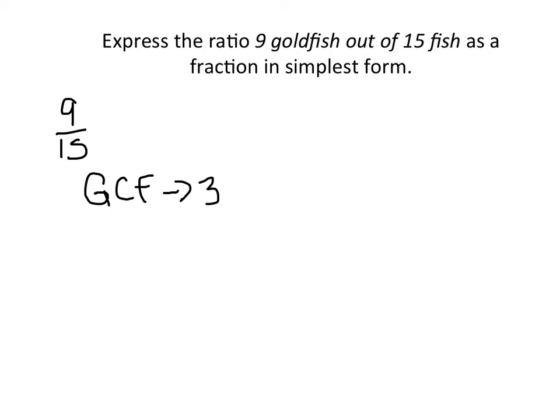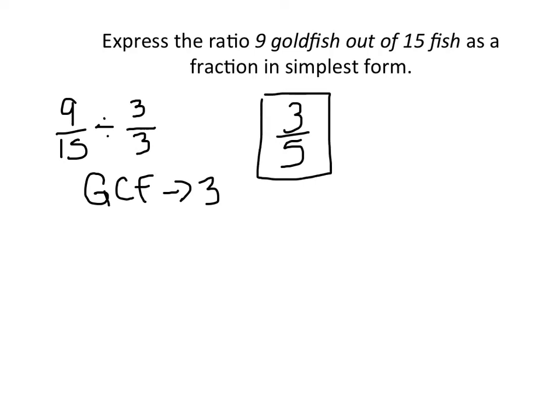And from another previous lesson, we're going to divide the numerator and the denominator, the top and the bottom. 9 divided by 3 is 3. 15 divided by 3 is 5, and that is our fraction in simplest form. We could write it this way, as we saw in our definition, or we could write it this way. But since the objective says fractions, that's what we're going to stay with.